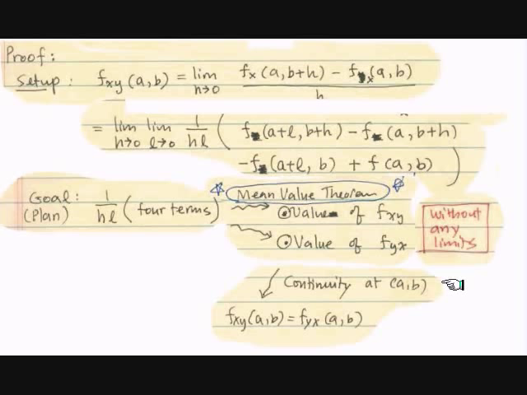The magic is really the use of the mean value theorem, and at the end, this is how the continuity hypothesis is used. It's very rough, and probably you did not understand everything I'm trying to say, and hopefully as we go over this plan, it will make sense to you.